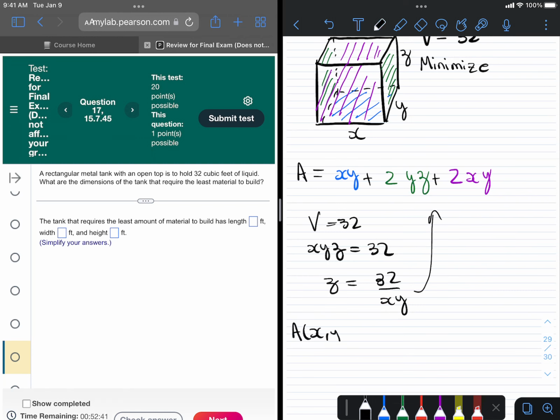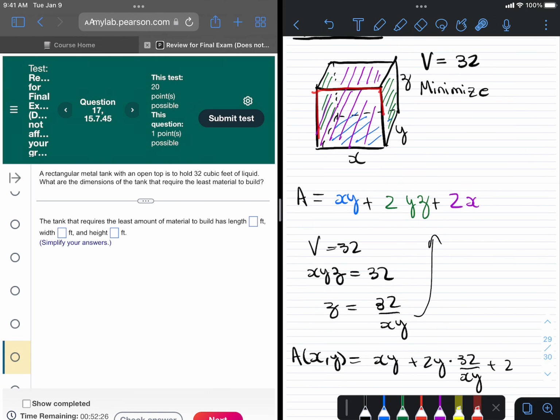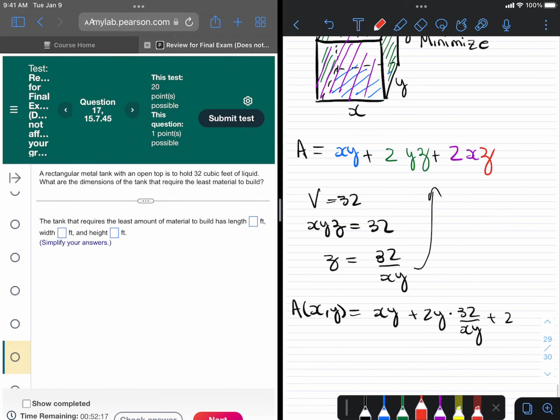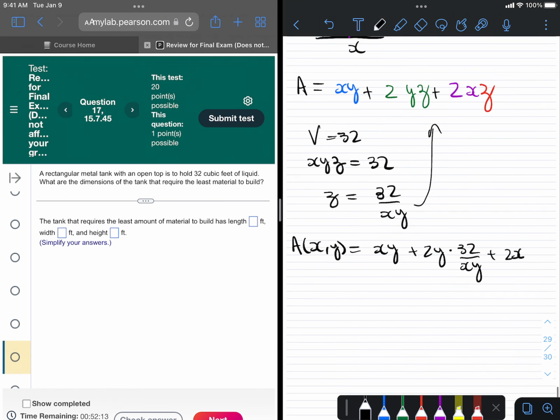So A(x,y) equals xy plus 2y times 32 over xy plus 2, and excuse me, that was a z, correct? The face was x times z, so that here is a z. So that's 2x here times the z we just found, 32 over xy.